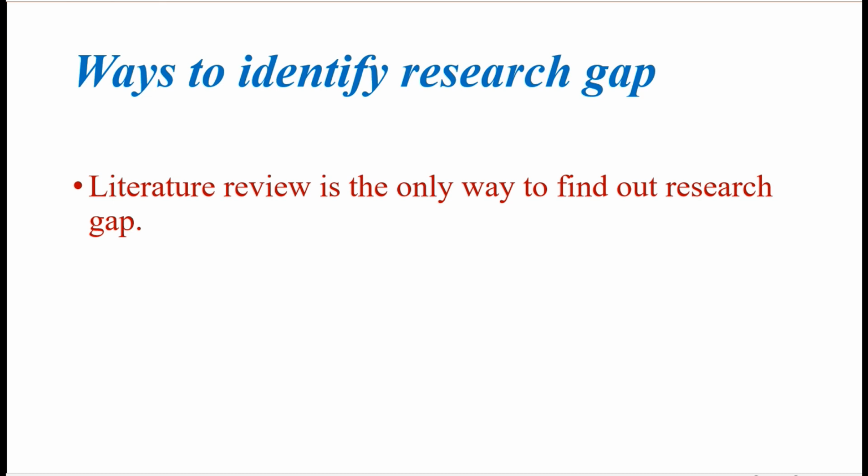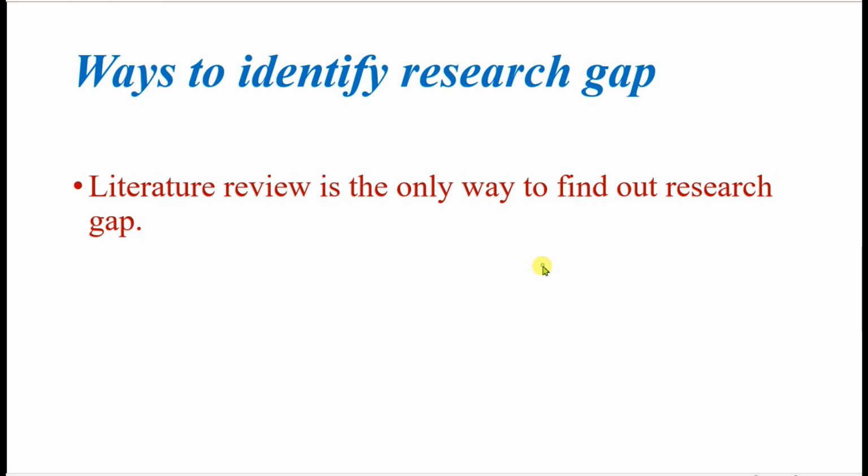Because to find out research gap, you need to find previously researched areas. And to identify previously explored, underexplored, or unexplored areas, you need to go through literature. And by literature review, you can find research gap.